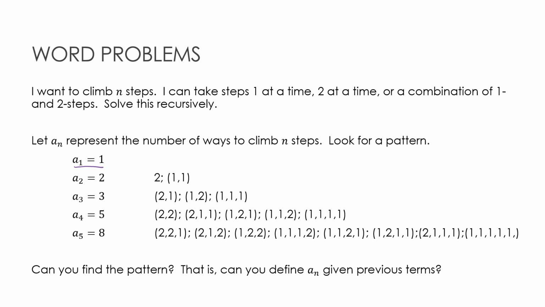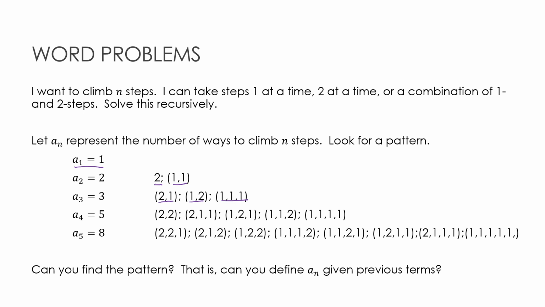If there are 2 stairs, I can either go to the second stair immediately, or I can take 1 stair and 1 stair. A3, that means 3 steps. Well, I can either take 2 steps then 1, or 1 step then 2, or singles each time. You get the idea. My question is, can you find a pattern?